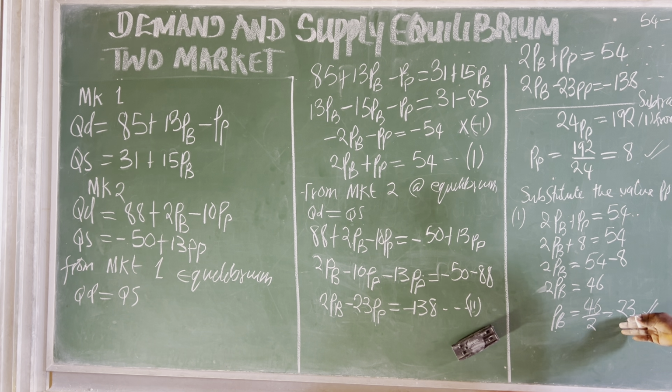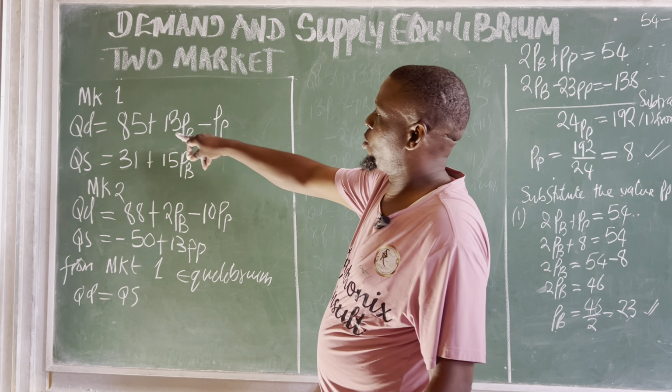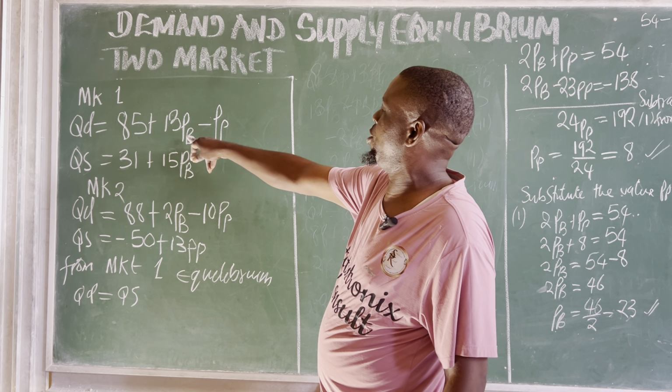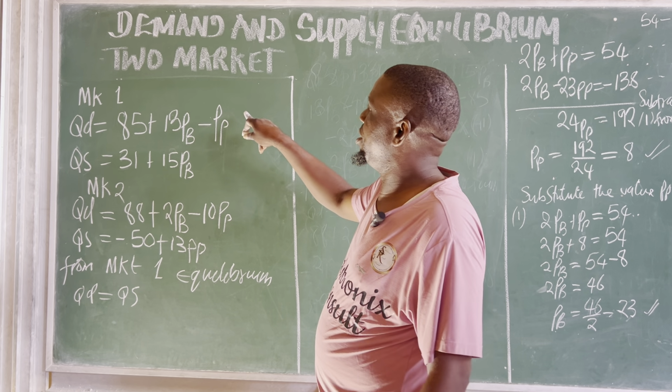Now, we have obtained the equilibrium prices. The next thing to do is to get the values of quantity demanded and quantity supplied in the first market, and quantity demanded and quantity supplied in the second market. So the next thing will be to substitute the values of PB and PP in the first market.